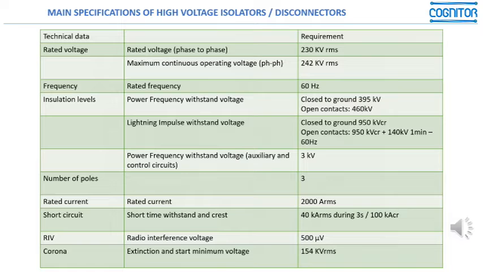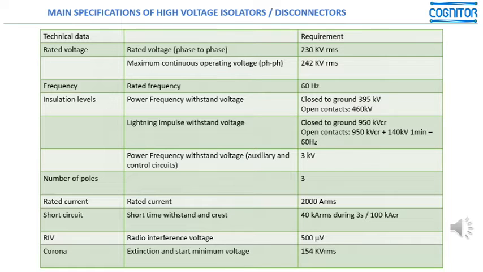Here you may show the values, because if you open the standard, in some cases there are alternative values which are possible, so you should indicate the one that you need for your isolator. Power frequency withstand voltage, number of poles, rated currents, short circuit currents, RIV, radio interference voltage level, this is another value that you should specify, corona, and so on.